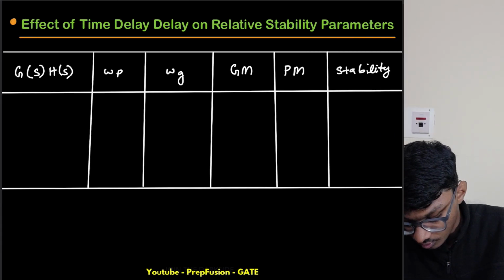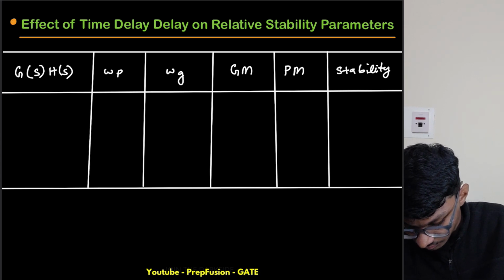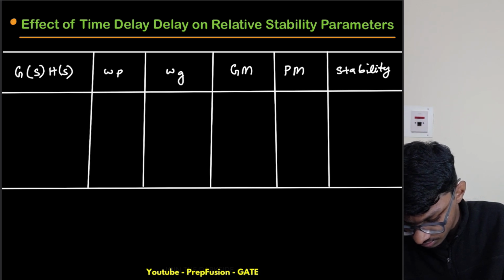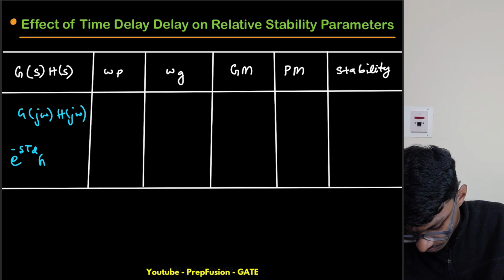So omega p, let's say, is the normal g of j omega h of j omega, and we have some delay, e raised to minus td into g of j omega into h of j omega.